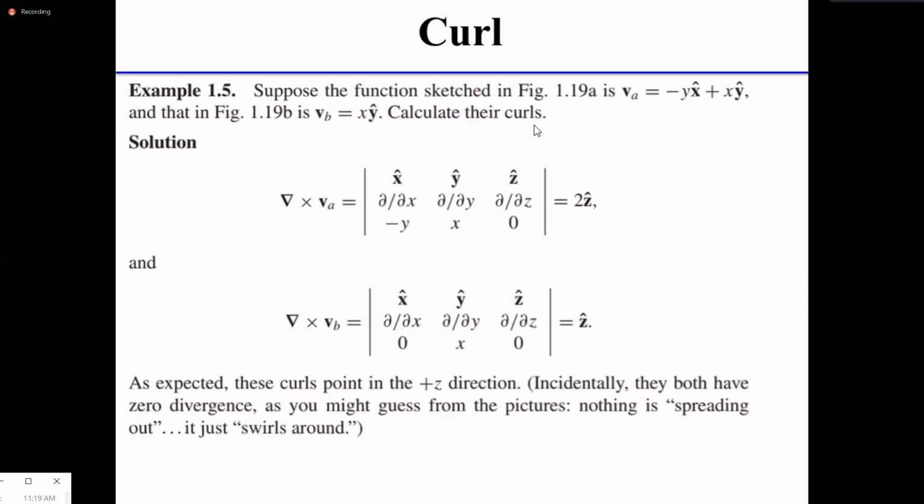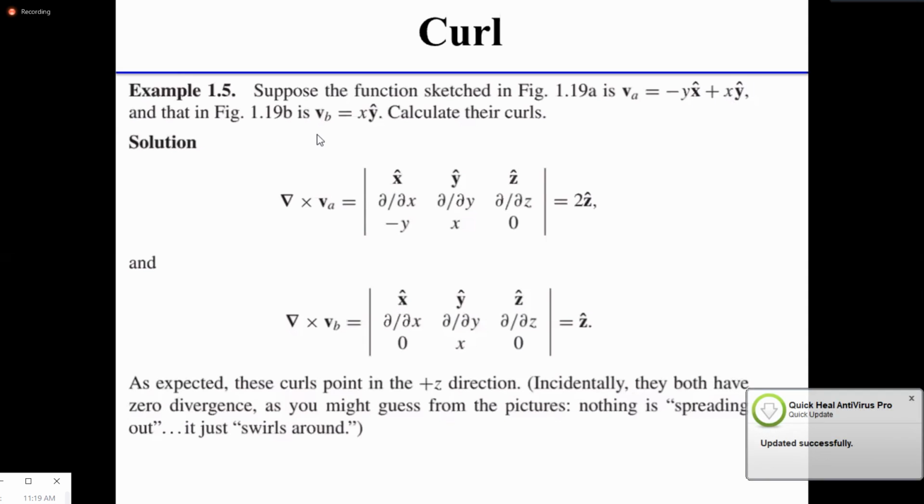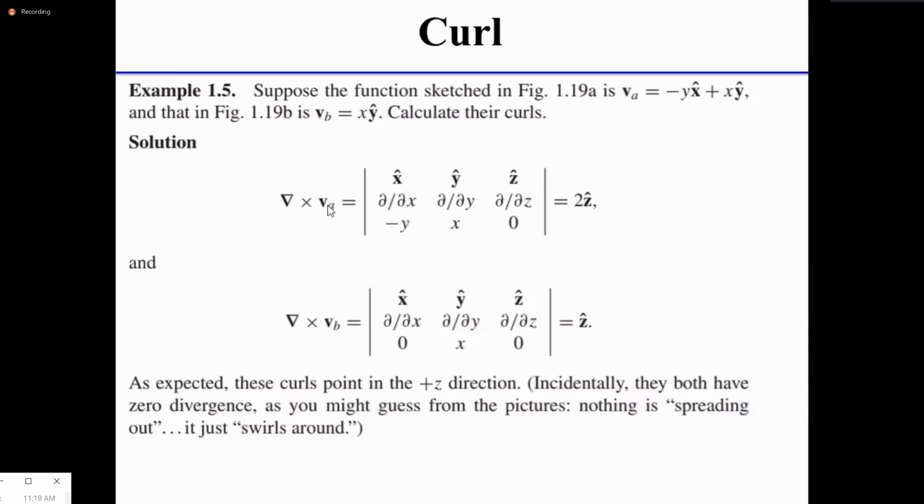In the same way we can consider an example here. We have a vector function VA, which is given by negative y x cap plus x y cap, and this can be visualized with the same diagram as shown earlier. If you try to calculate the curl of this vector VA, you will use the determinant, and then you can find out the value of the curl.